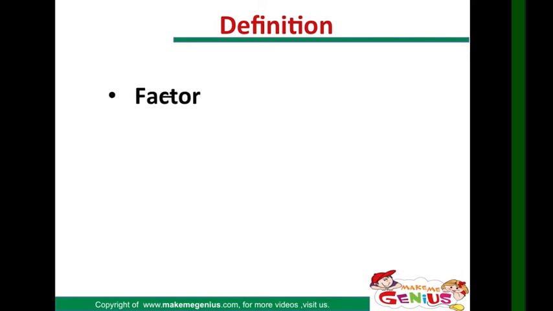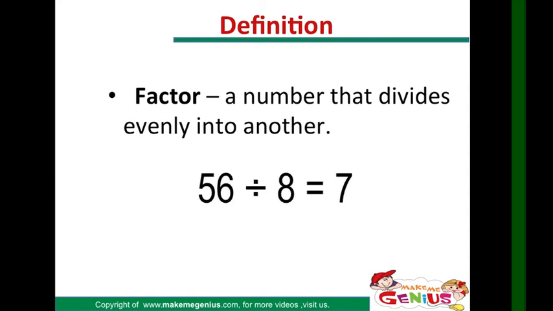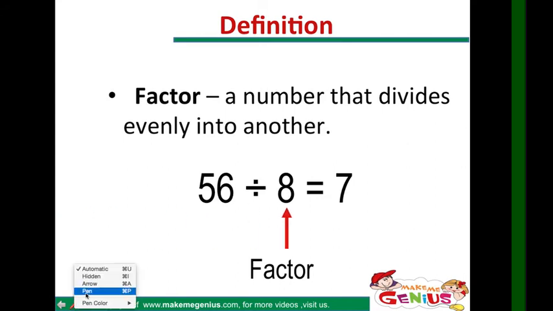Now, a number that divides evenly into another is what we call a factor. For example, a factor of 56 is 8. Why is it a factor? Because it is divisible. That means you can divide 56 by 8 and the answer should be a whole number, no decimal point.